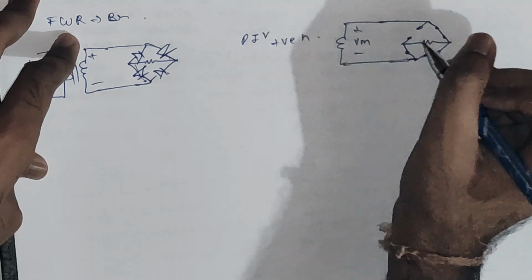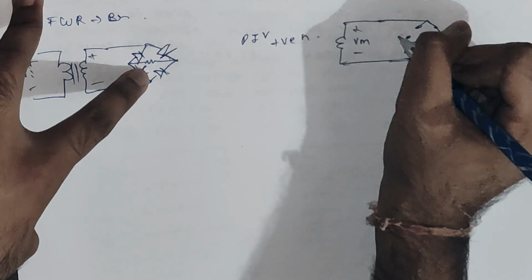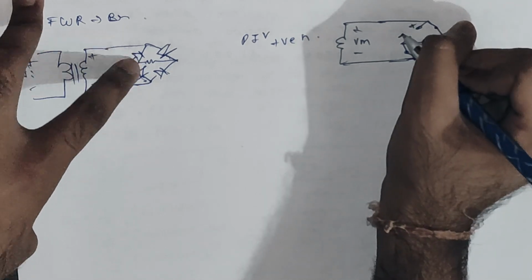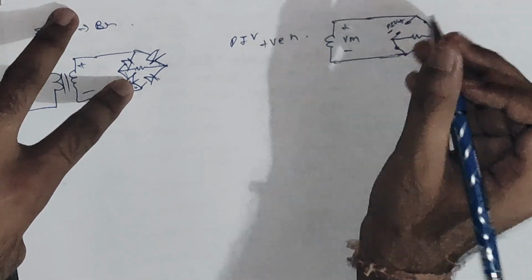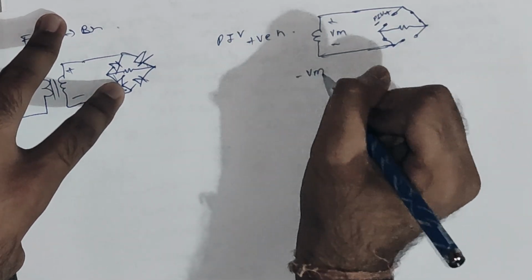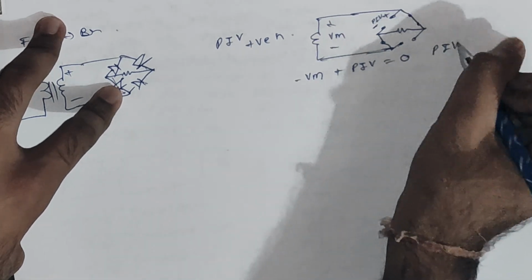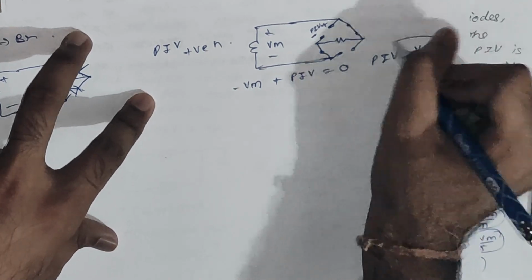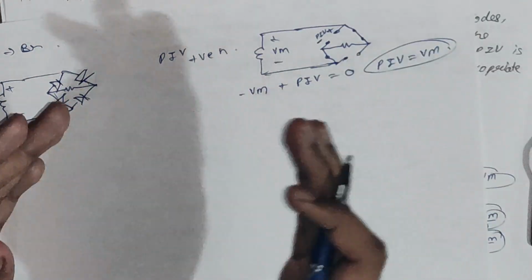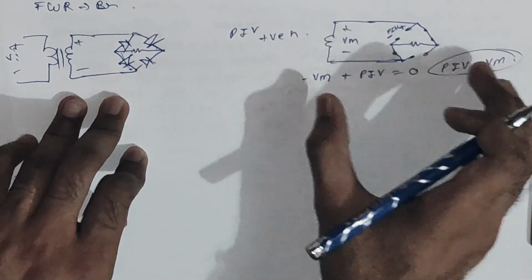We will get PIV across the reverse biased diode. So for this we will consider minus here, plus here, then only this will be in reverse bias, right? So here it is our PIV. If we apply KVL we will get minus Vm plus PIV is equal to 0. So our PIV for the full wave bridge rectifier will be simply Vm. In case of the center tapped rectifier it was 2 Vm, but here in the bridge rectifier it is Vm.